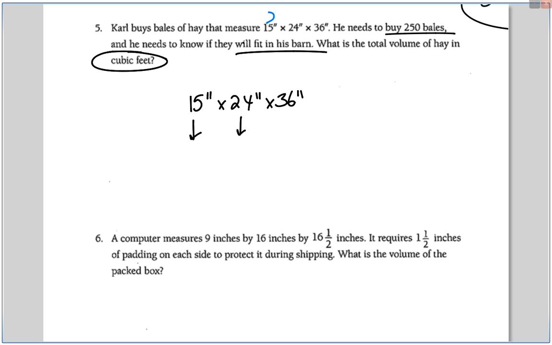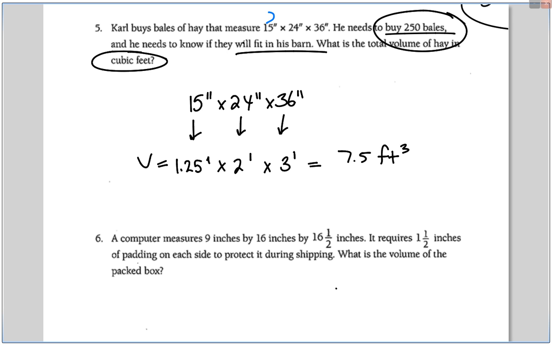So all these need to be divided by 12. So 1.25 feet, 2 feet, and 36 is 3 feet. So multiply those, and that'll give you volume. 1.25 times 2 times 3, I got 7.5 cubic feet.